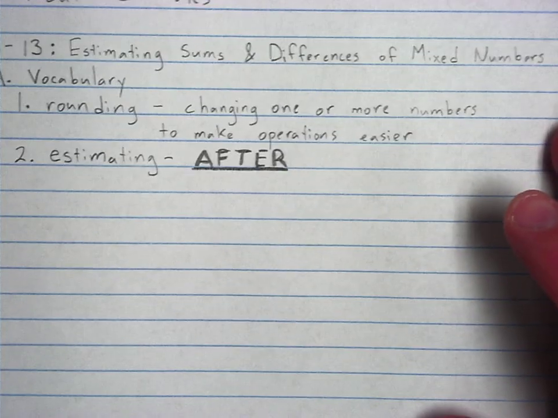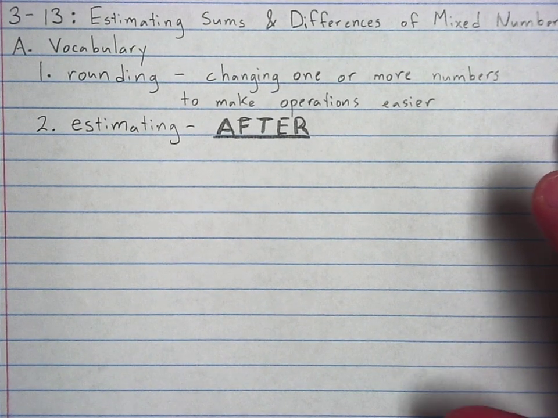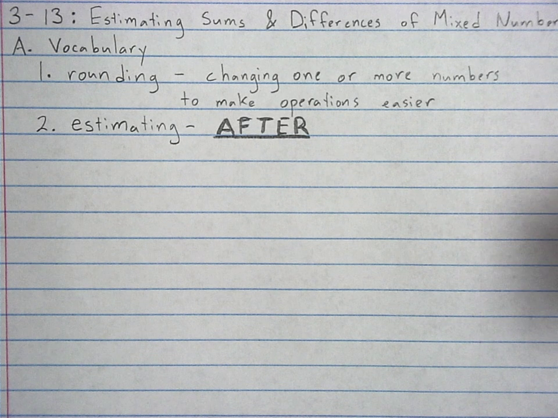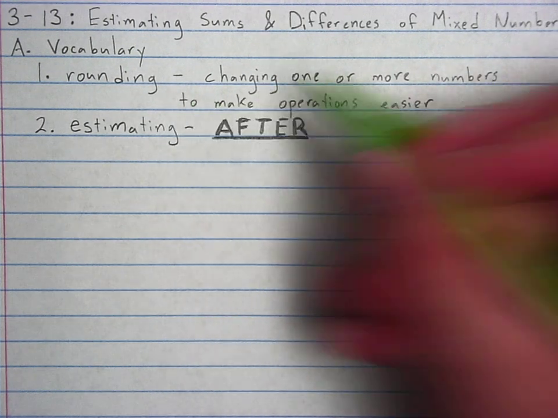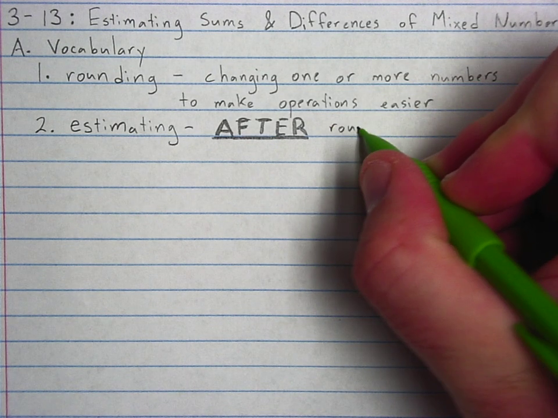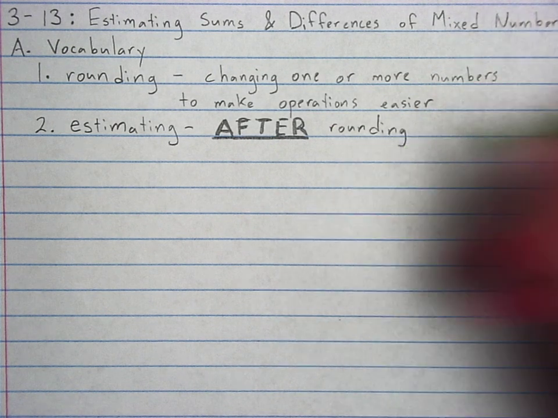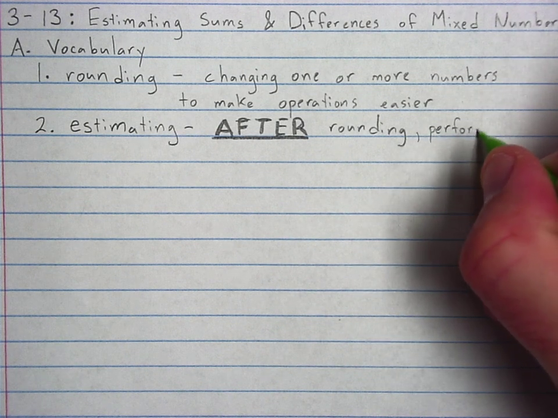Well, if you try to do all of the work, you add, subtract, whatever, and then you just round the answer, you're not really estimating. Estimating can only happen after you've rounded, after you've changed one or more of the other numbers. After rounding, then you perform the operation.